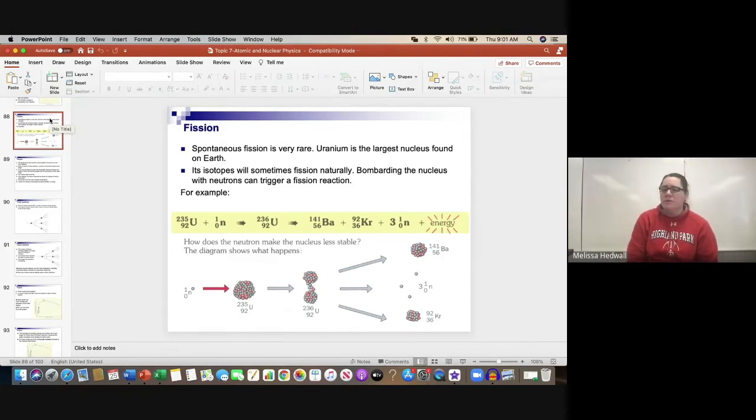So similar to what we just did with the two hydrogens. Because of that mass defect, if you add the parts of the uranium and the neutron, and then add the different parts of your barium, krypton, and your neutrons, there's a mass defect there. That mass defect is energy that's released into the surroundings. And so both of those pieces are working together to create what we have.